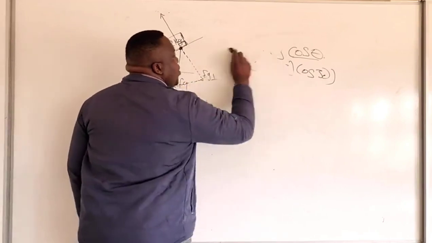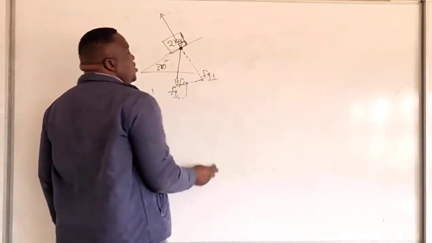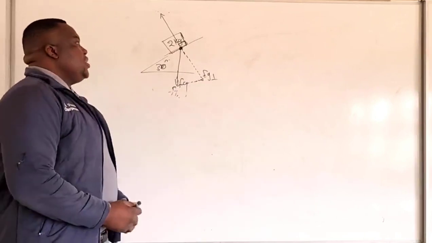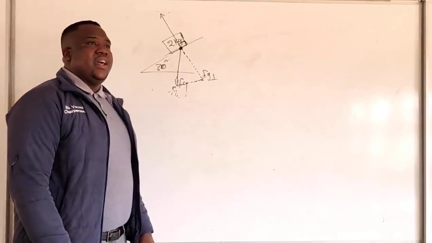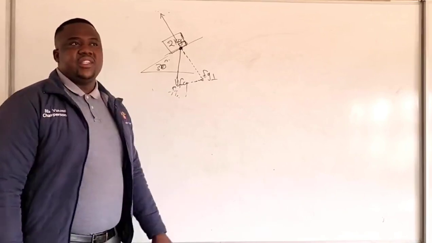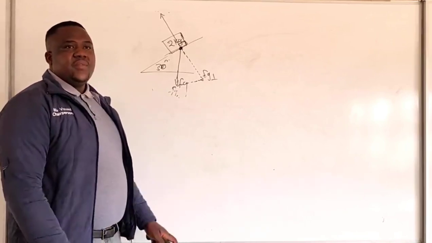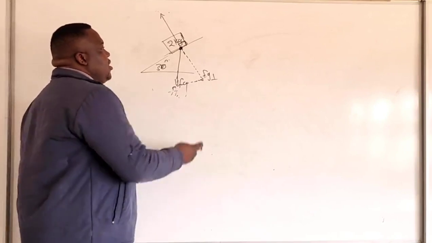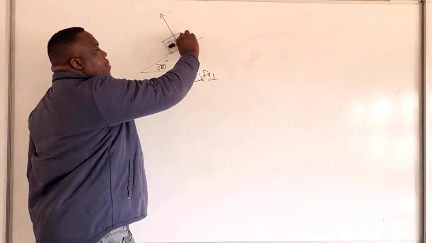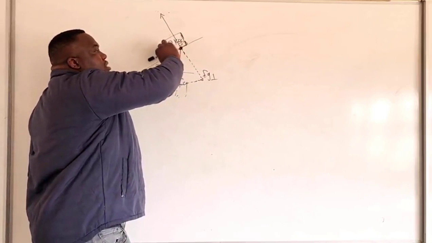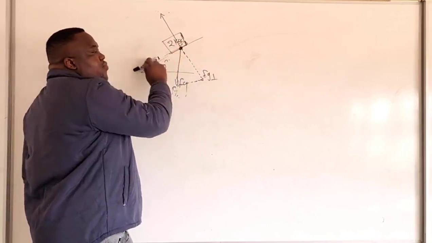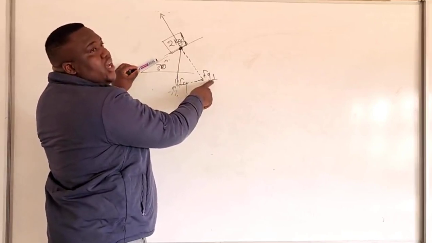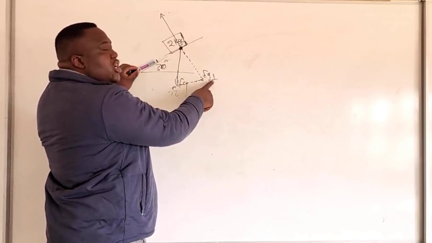So I love the work done by gravitational force. Since I've explained the gravitational force, did you know that gravitational force sometimes can act as a friction? It can act as an applied force. Look, if an object is moving down the incline, FG perpendicular is acting as a friction.